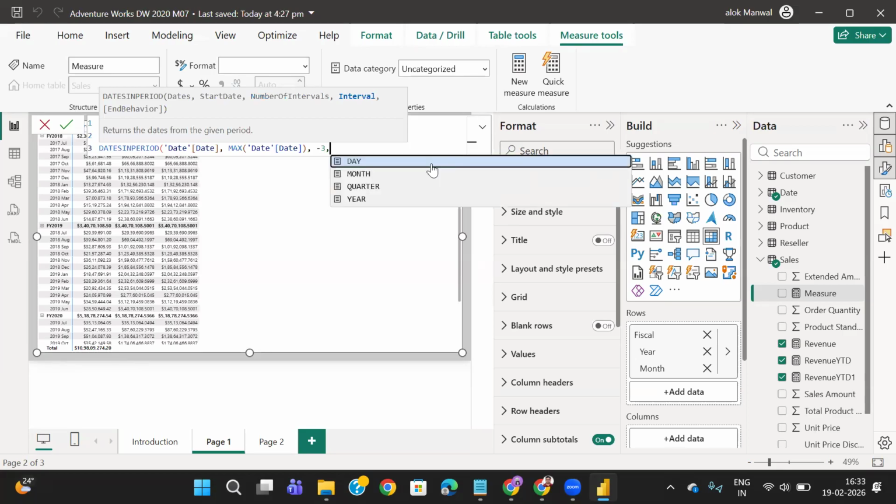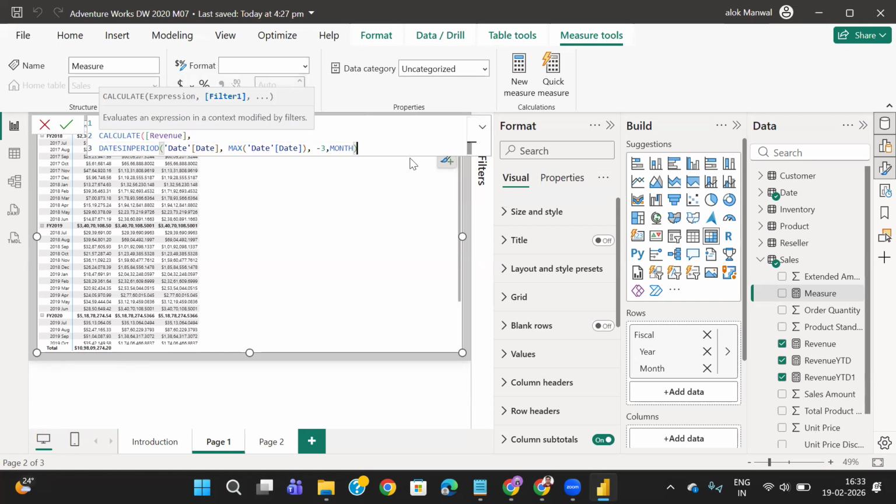So I'm just putting here three, and it has given me the options. I am going for the month, or I can do the day as well. If I want the cumulative revenue for day or month, I'm just taking a month right now. Let me close it.